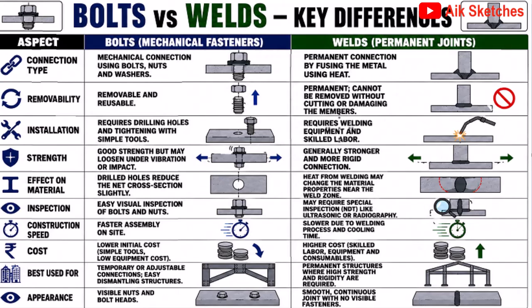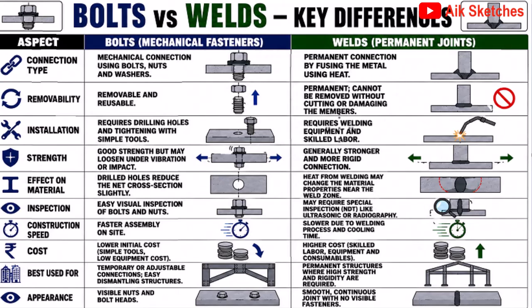This is unlike the welded connections, which are basically permanent structures where high strength and rigidity are required. Okay, so if we want to use a welded joint, it is best used where they are permanent structures, where high strength and rigidity are required.